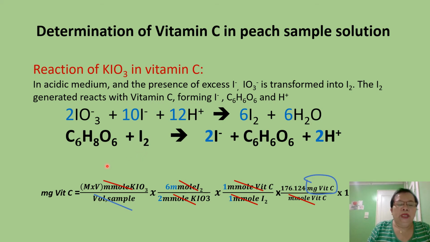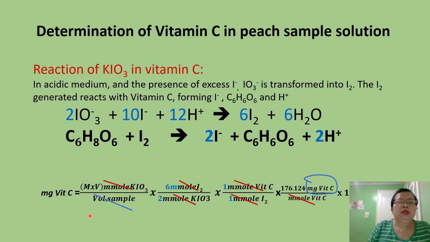Now, how do we calculate the milligram vitamin C in our sample? Now, when we calculate, basta gani titration process, now this is titration, iodimetric titration. Our first entry in the calculation is molar concentration times volume of our titrant over volume of our sample. Kung ang atong gi-measure is volume.